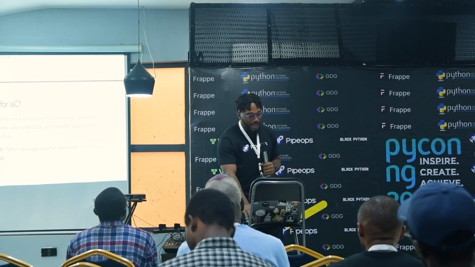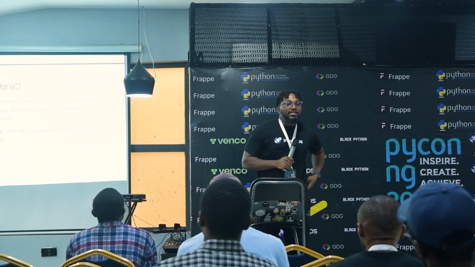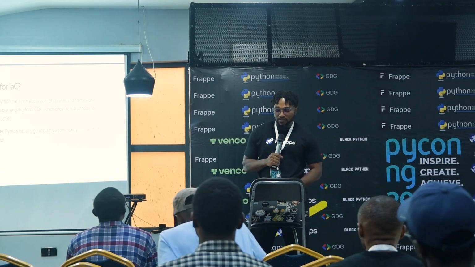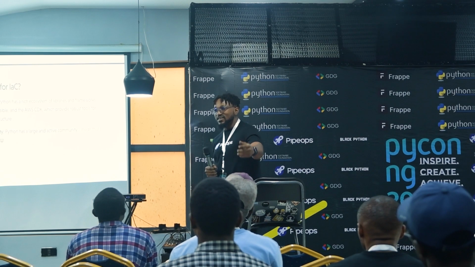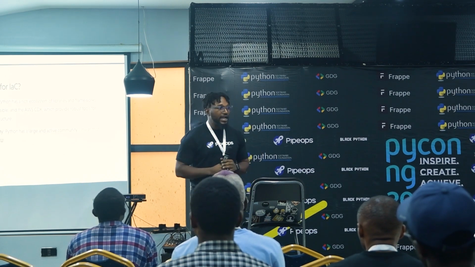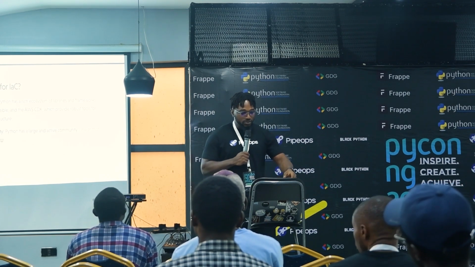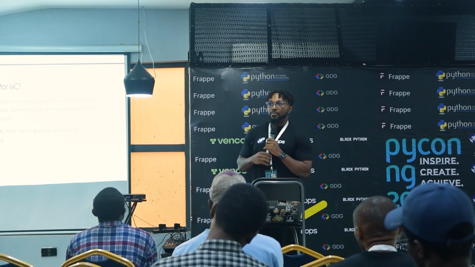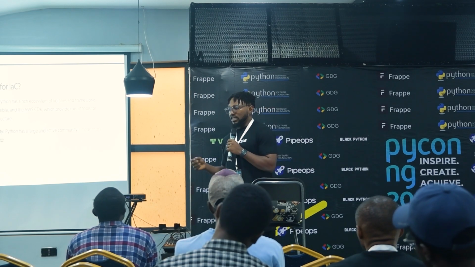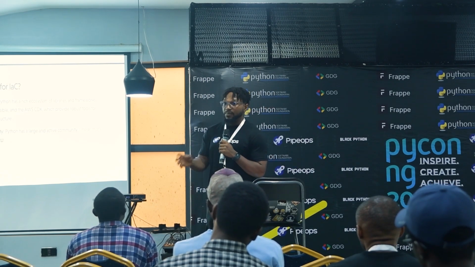So moving on, why Python for IaC? Python has a rich ecosystem of libraries such as Boto3, Ansible, AWS CDK, and the likes of them. I actually do have an example in the demo on Boto3. Boto3 is a very powerful Python library that gives us low-level access into AWS APIs.